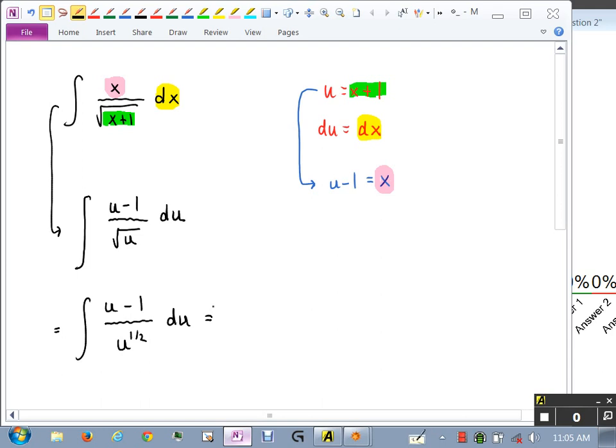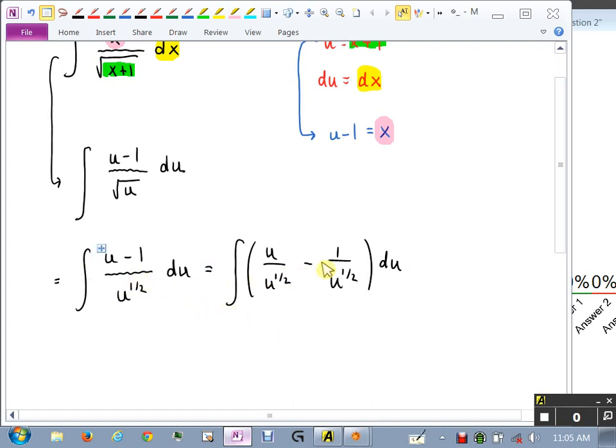And now split this into two separate terms. It's u over u to the half minus 1 over u to the half du. I'm going to put parentheses around that whole thing because I've split a single term into two terms.